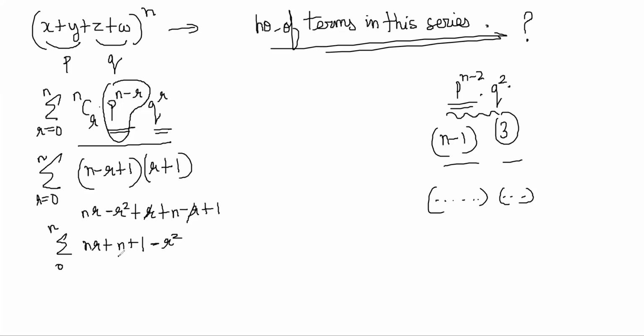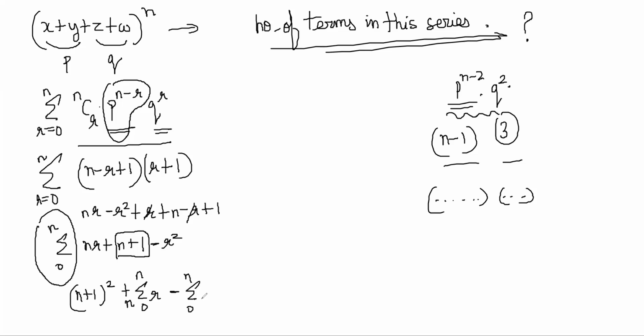So this n plus 1 is a constant, so we can take it out. How many terms are here? n plus 1. So n plus 1 into n plus 1 becomes n plus 1 square, plus the summation of n times r from 0 to n, minus the summation of r square from 0 to n.